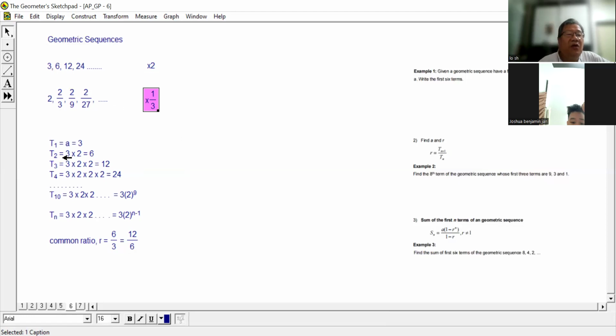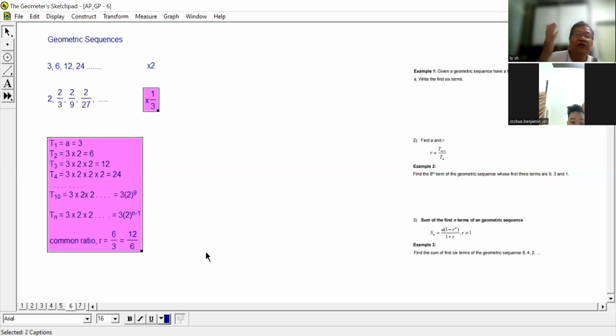So if I want to know what is the value of r, instead of using the term behind, subtract the term in front, I use the term behind, I divide by the term in front. 6 divided by 2. How much is it? 2. So I say that the common ratio is 2.